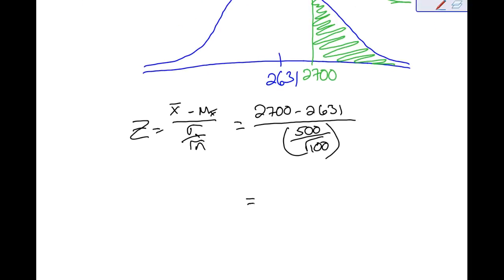The subtraction 2700 minus 2631 gives me 69. 500 divided by the square root of 100: the square root of 100 is 10, and 500 divided by 10 gives me 50. 69 divided by 50 gives me 1.38. So my z-score is 1.38.